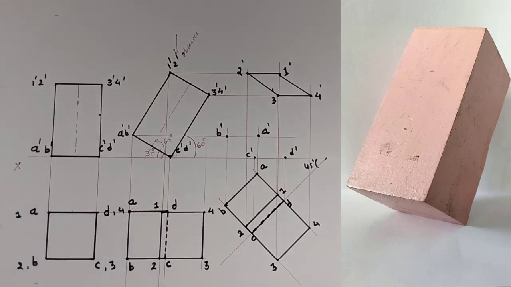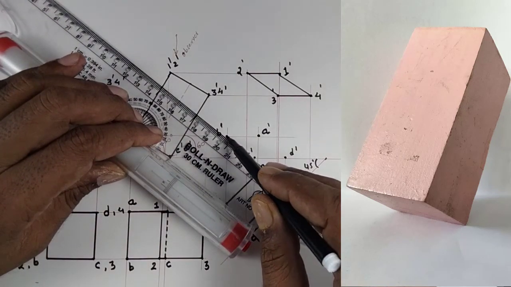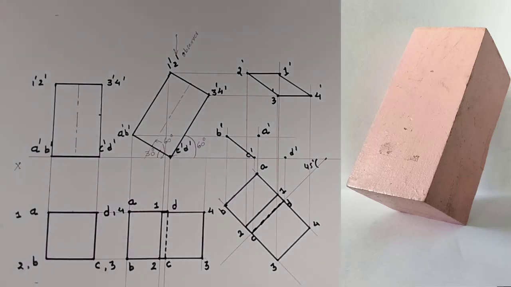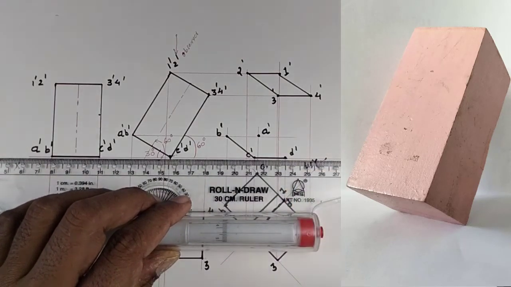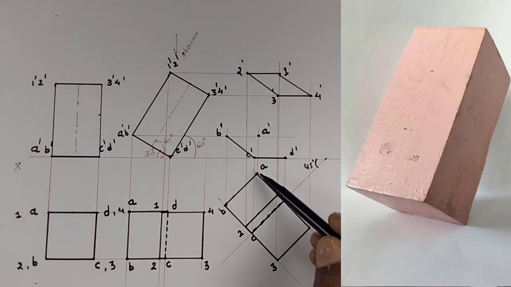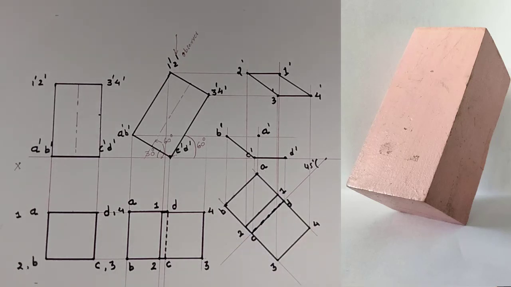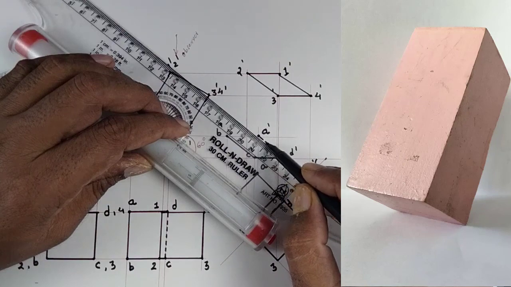Similarly, the lower base. The BC sides are visible, so I can join B dash C dash full. Your CD is visible. You can join your C dash D dash with a full line. But DA, the edge of the lower base, DA and AB, are away from the observer, so they are not visible. So we draw the dotted line.